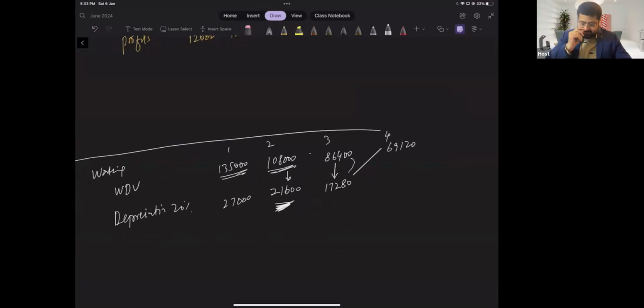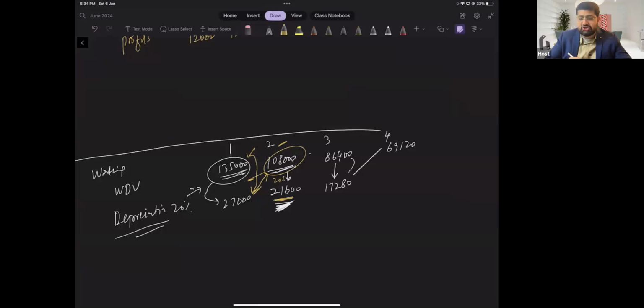Actually, once again, I will do this calculation. Written down value is basically initial investment at the start of year 1. 20% depreciation, 20% of it is here. Then that is the start of next year, how do we get it? This minus this, and we get this. Written down value at the start of next year multiplied by 20%.